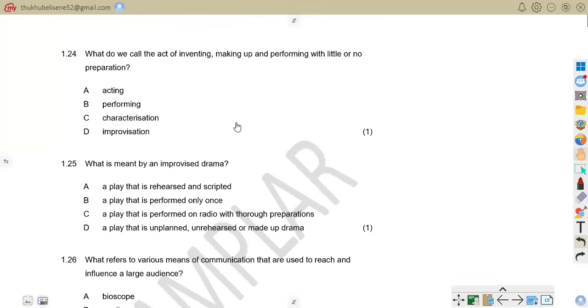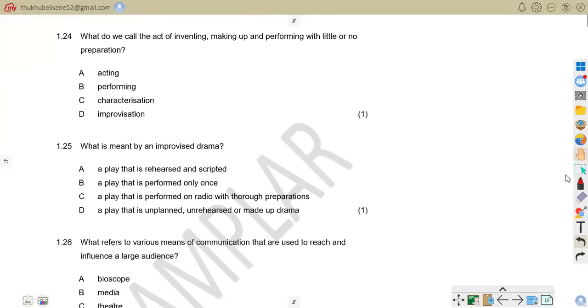Now moving to 1.24. What do we call the act of inventing, making up or performing with little or no preparation? So the correct answer on 1.24 is D, improvisation.